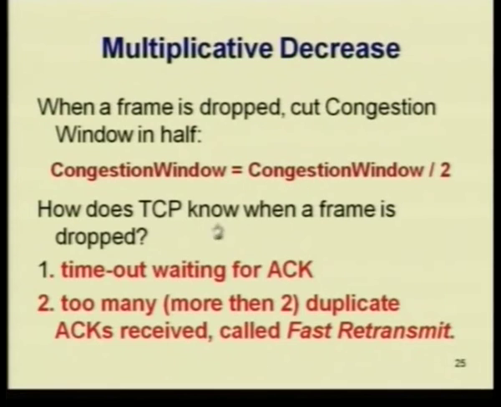Now how does TCP know when a frame is dropped? As I said, it gets a timeout waiting for an ACK, or it gets too many duplicate acknowledgements. What do we mean by this? Suppose I transmitted packets 4, 5, 6 and 7. Packet number 4 was lost, but packets 5, 6, 7 were received correctly on the other side.